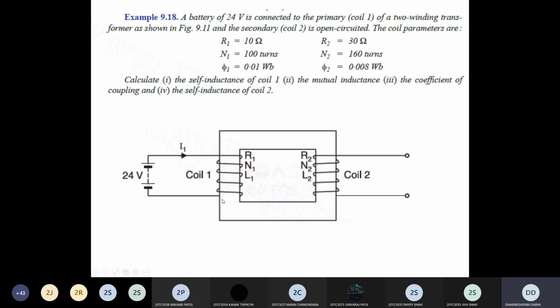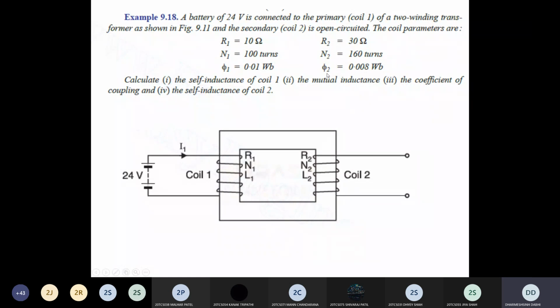Here in this example, current is only flowing into coil number 1. So coil 1 produces the flux phi 1, and out of this phi 1, some of the flux is linked with coil number 2. And that is nothing but phi 2 is equal to 0.008 Weber.